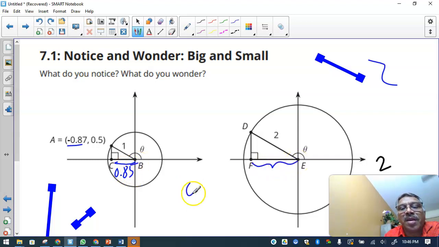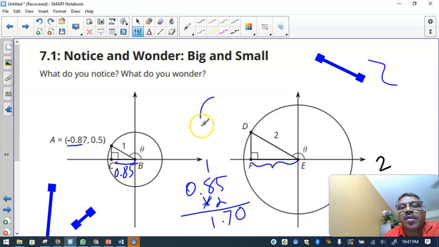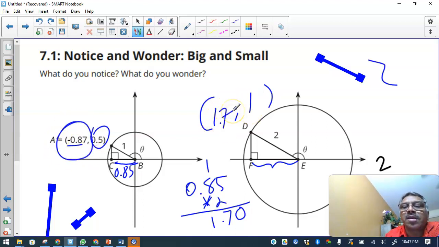That means 0.85 multiplied by 2 becomes 1.7. So this point becomes, this 0.5 times 2 is 1. And if you multiply this, it is 1.7. But because it is in the second quadrant, it is minus and plus. So this has to be minus.